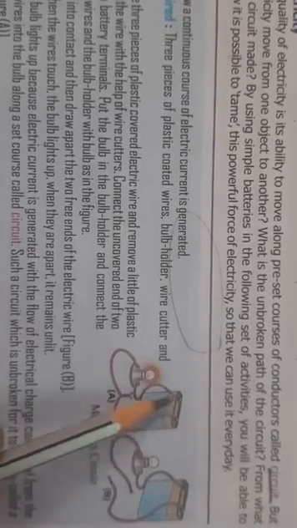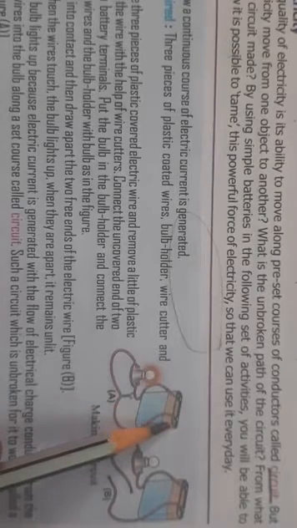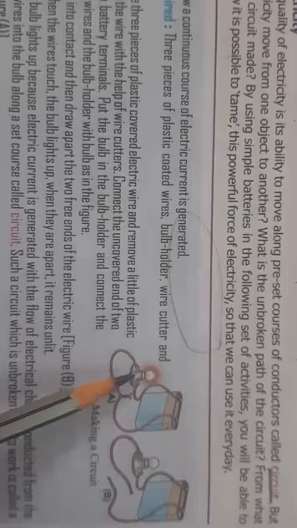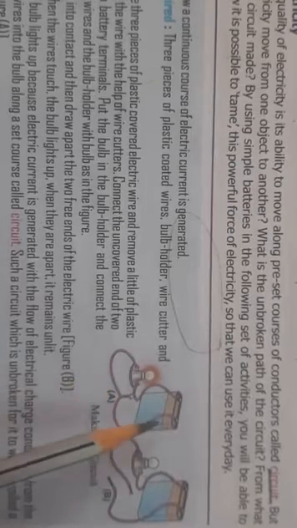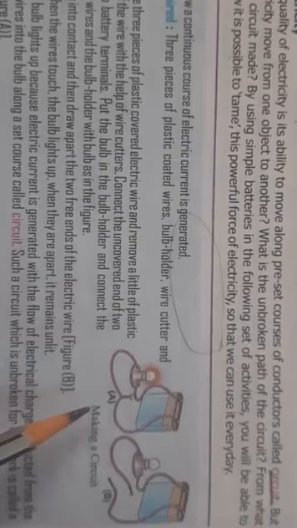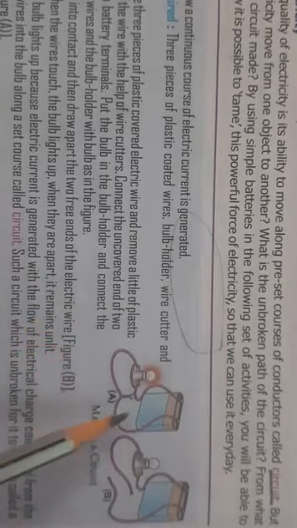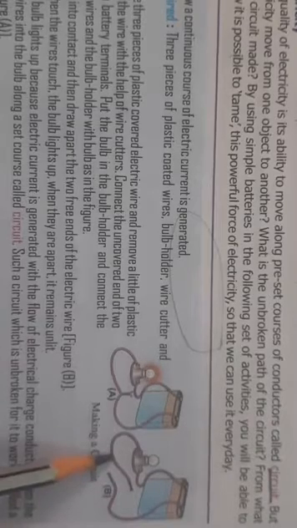Okay, you have removed the plastic and attached to the battery terminal, and then you have put the bulb in the holder, and then you have connected the battery and the 3 wires. Okay, now you have to connect them as shown in the figure.